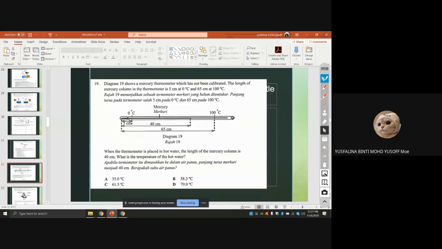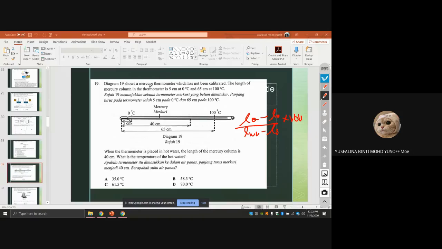Alright, for number 19, this one you have to use the formula (Lθ minus L0) divided by (L100 minus L0) multiplied by 100, right?